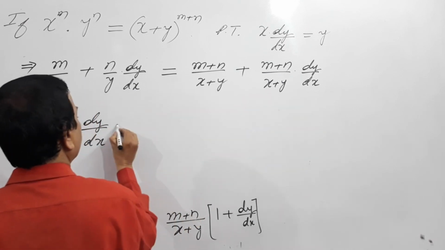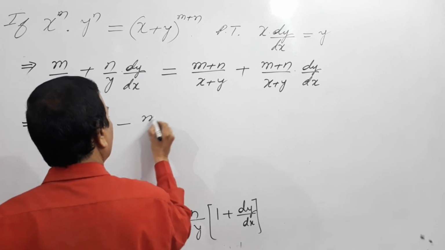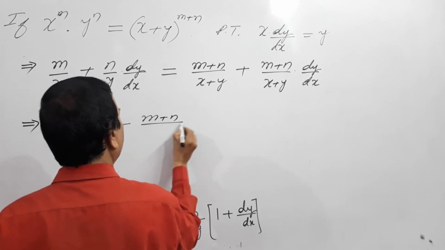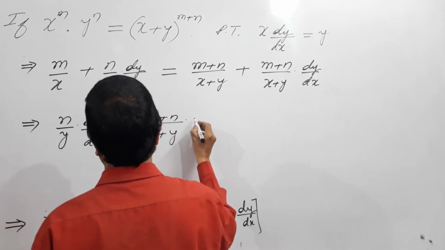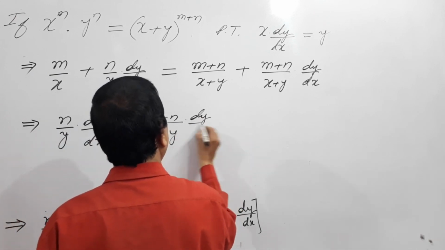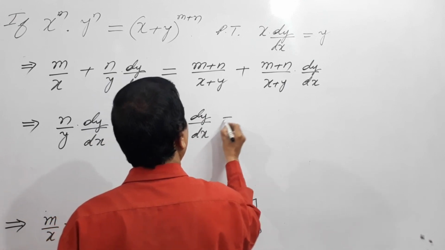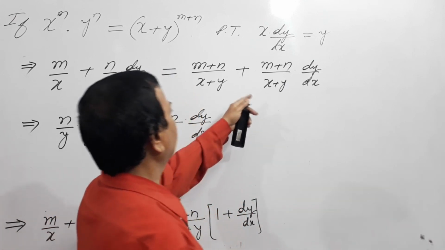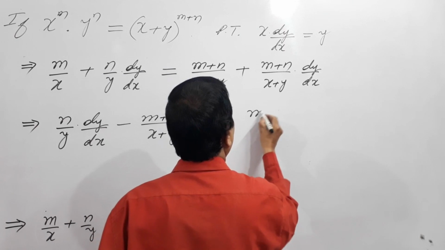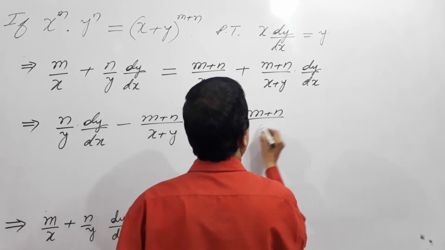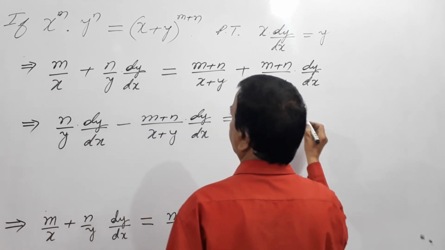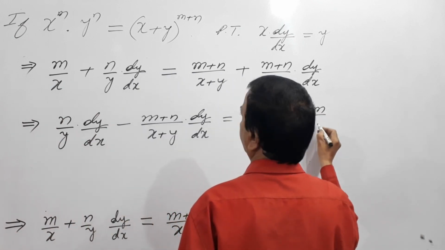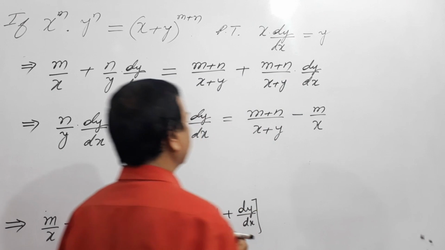I bring this here, this becomes minus (m plus n) by (x plus y) into dy by dx equals, so we have left here (m plus n) by (x plus y) minus m by x.